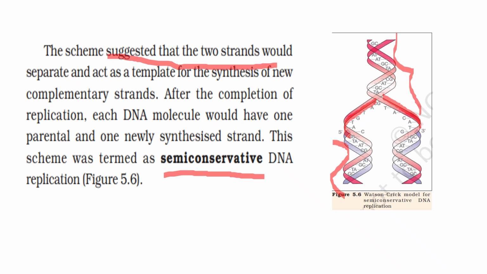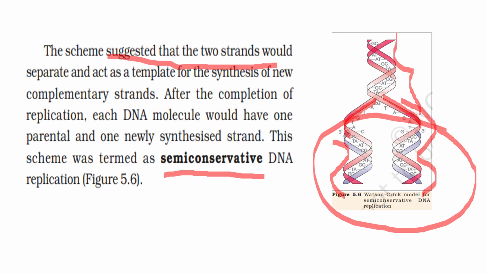And from the other parental DNA strand, another new strand is being synthesized in the same 5' to 3' direction. So what are these? These are the progeny DNA molecules. Each progeny DNA molecule has one parental strand and one newly synthesized strand. This is why it is known as semi-conservative DNA replication: there is a partial conservation of the parental character, as well as new characters being added.